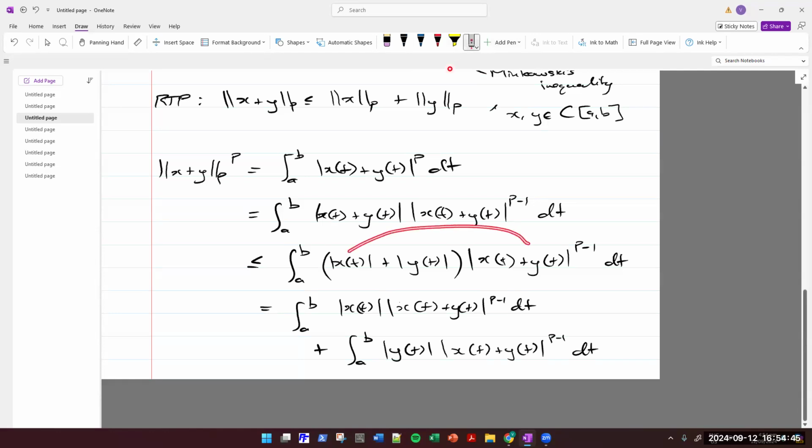Okay, so I just multiply this by this, multiply this by this. You get two terms inside the integrand, and then break up the integral into the sum of these two terms. So one term, two terms. Now we're going to hit both terms with Holder's inequality. Let's see if I copy and paste this.